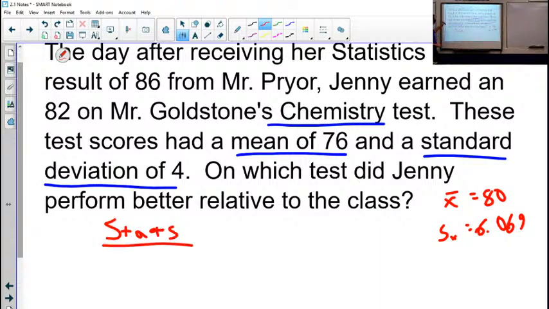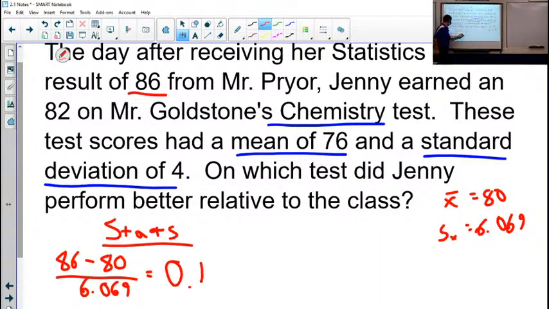And so we have our value, 86, minus the mean, which is 80, over the standard deviation. Since the standard deviation is 6 and we're looking at 6 above, this should be pretty close to 1, but not quite. What do we got? Again, very close to 1, but not quite.